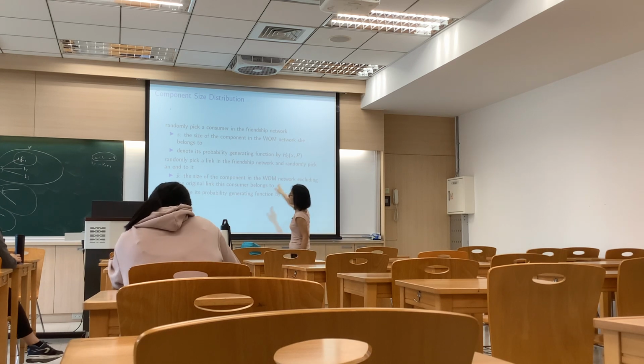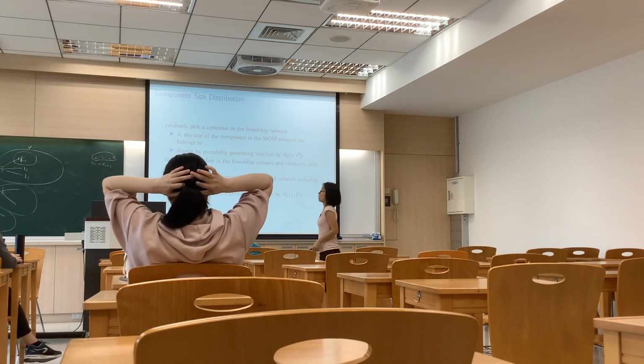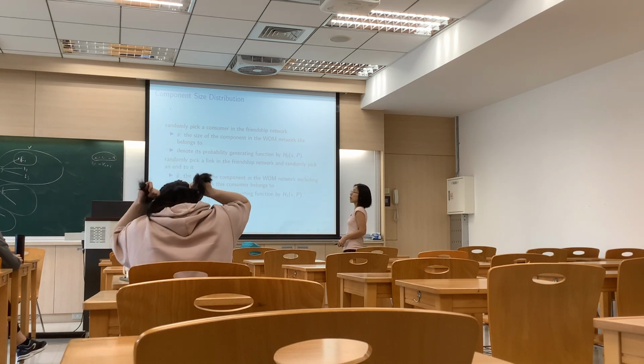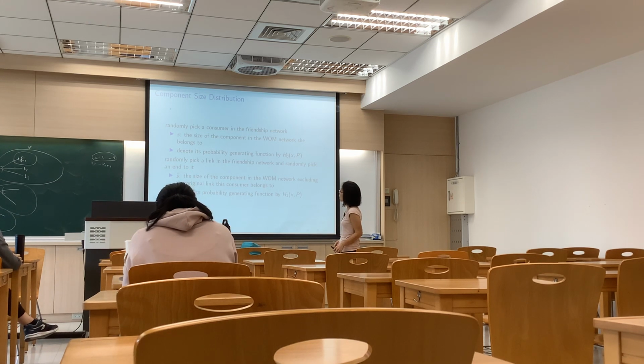So S is the size of the component that I belongs to, but in the word of mouth network, not just the friendship network. Now J is I's friend. So we need to know the size of the remaining component J belongs to.